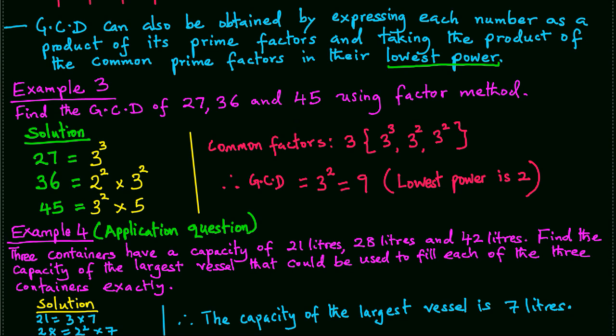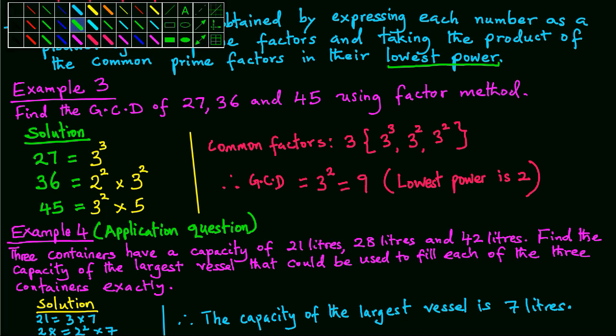So 27 can be written as a product of its prime factors as 3 power 3. 36 is 2 power 2 times 3 power 2. And 45 is 3 power 2 times 5.